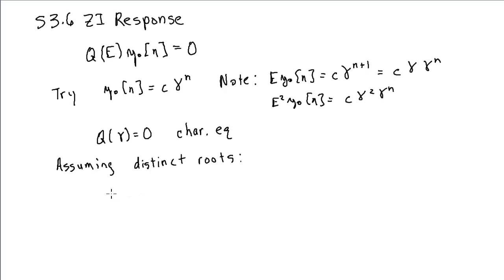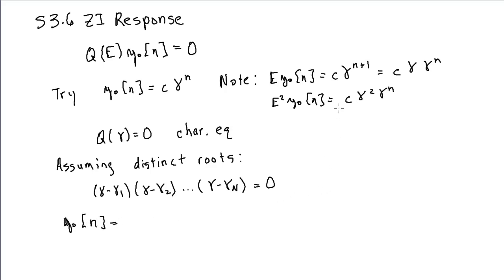Then we can factor the characteristic polynomial as gamma minus gamma 1 times gamma minus gamma 2 times gamma minus gamma capital N for an Nth order difference equation. And then the corresponding solutions would be gamma equal to gamma 1, gamma equal to gamma 2, and so on and so forth. And so the general form of the zero input solution would be just a sum of these modes.